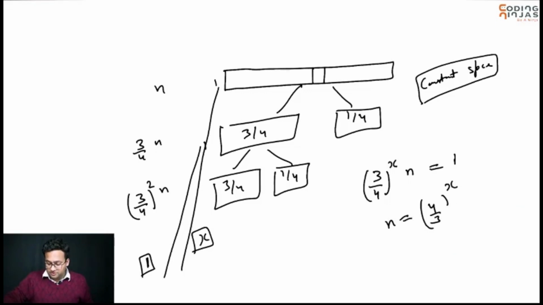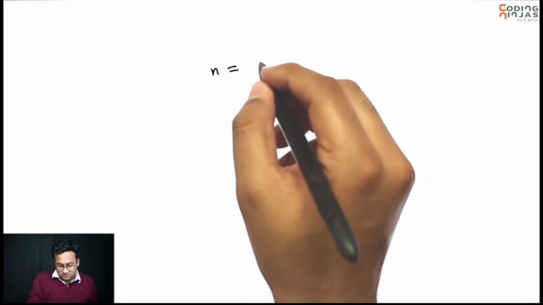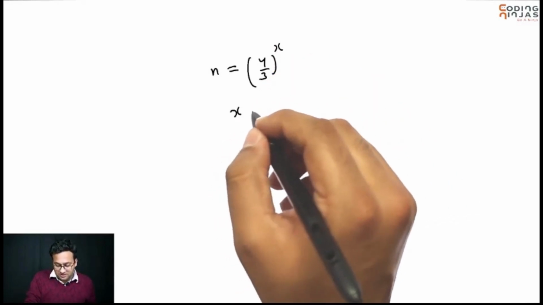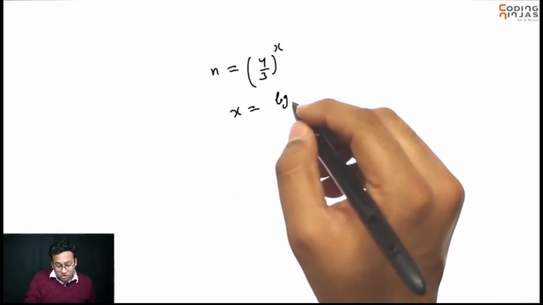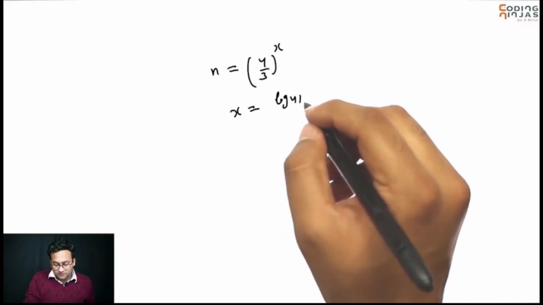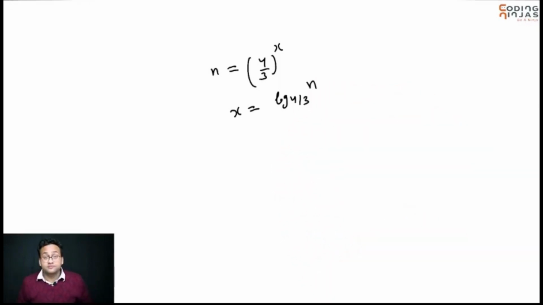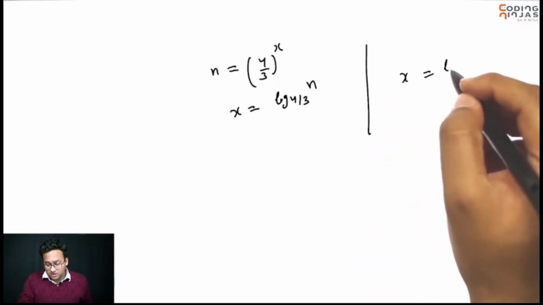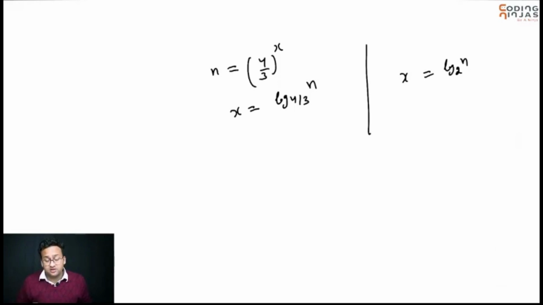Let me clear it. Which means x is equal to log base 4/3 of n, right? In case of merge sort, we got log base 2 of n.